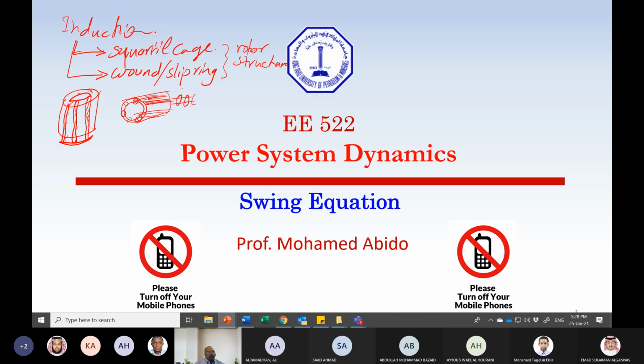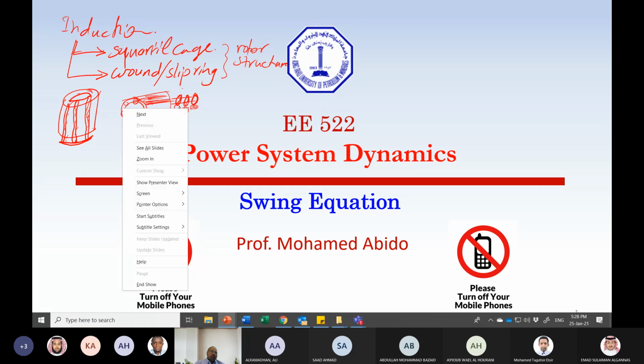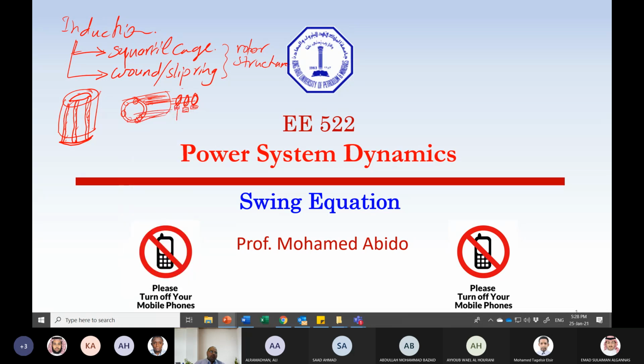You have 3 slip rings, and these slip rings are connected to brushes. These are brushes. And these brushes here are short-circuited.